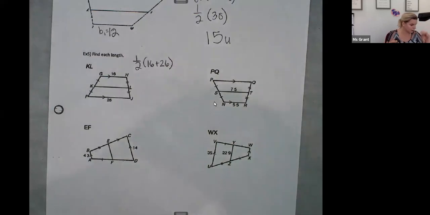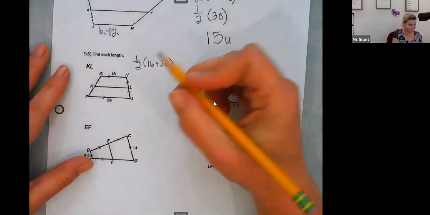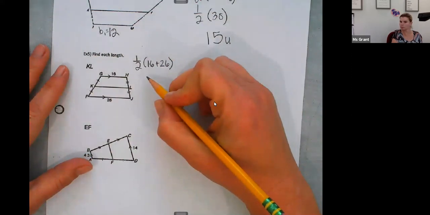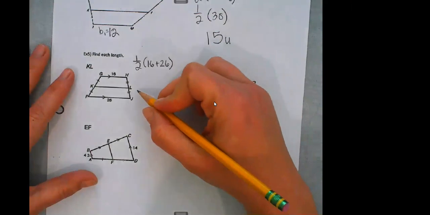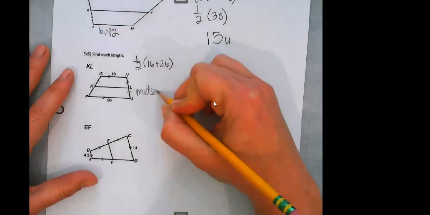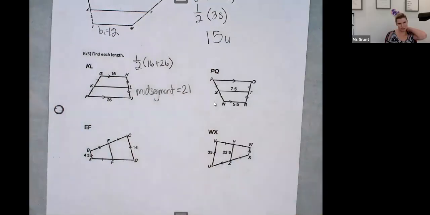Okay. Someone new. What is it? 16 plus 26. 42. Good. Cut in half. 21. Yes. Mid-segment equals 21.